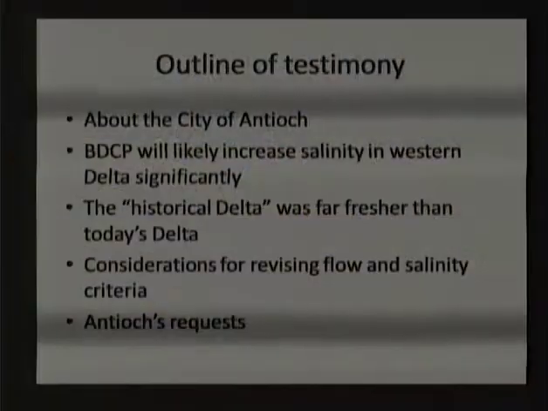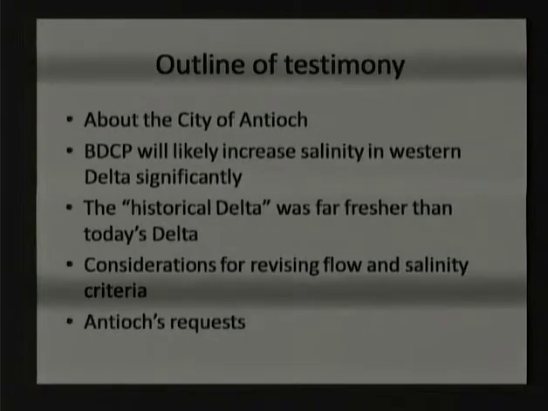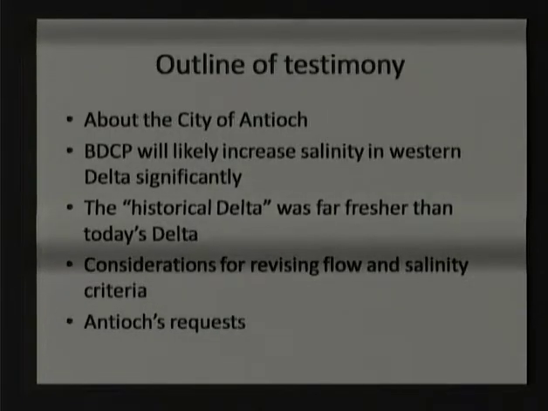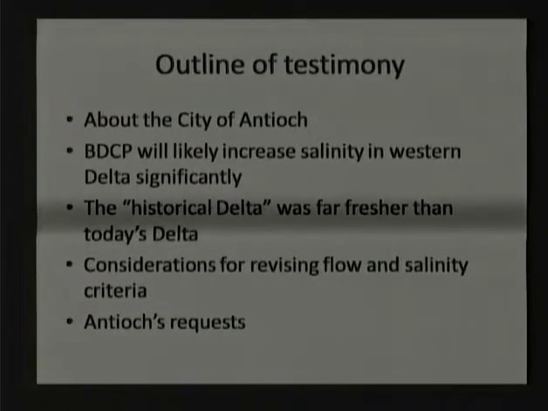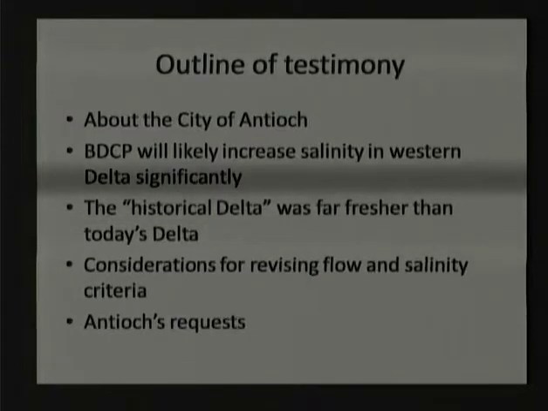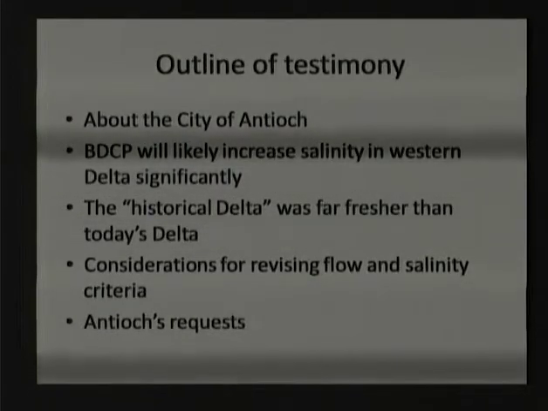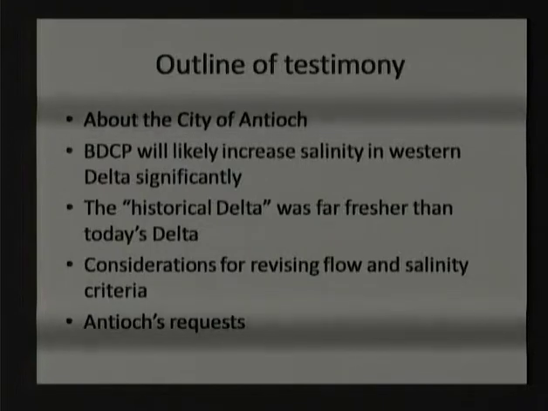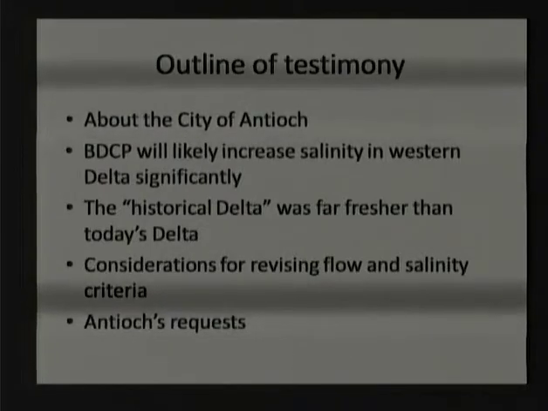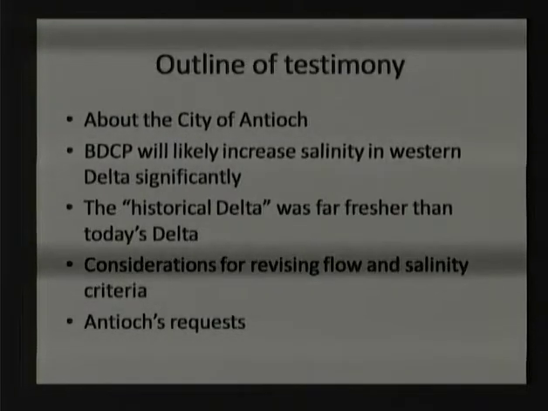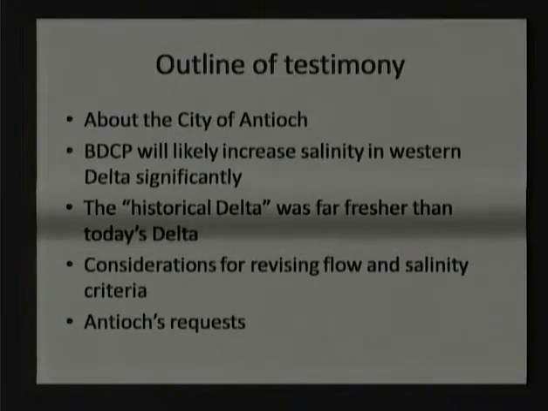What I'd like to talk about today is just a little bit of information on the City of Antioch itself, and then I thought I'd talk, to the extent that we can, about the potential impacts of the BDCP project. The City of Antioch and I presented some detailed information at the 2010 flow criteria hearings.